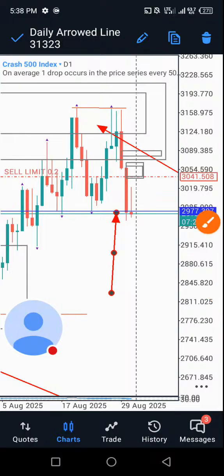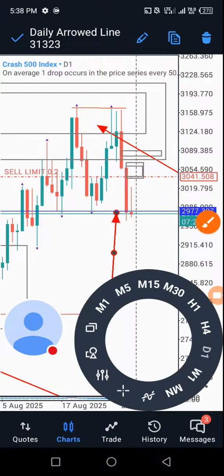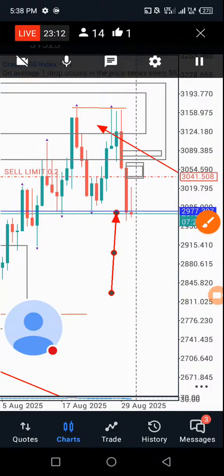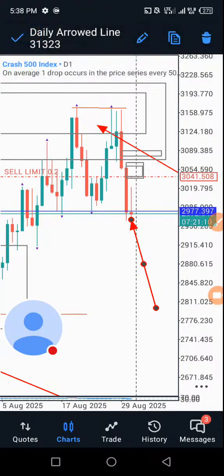Why? Because this low here did not actually break this high here, so I'm not going to consider it. The only one I'm going to consider is this here. So I want to wait for market to break below this low and close below it before I will accept that my change of character has actually taken place.